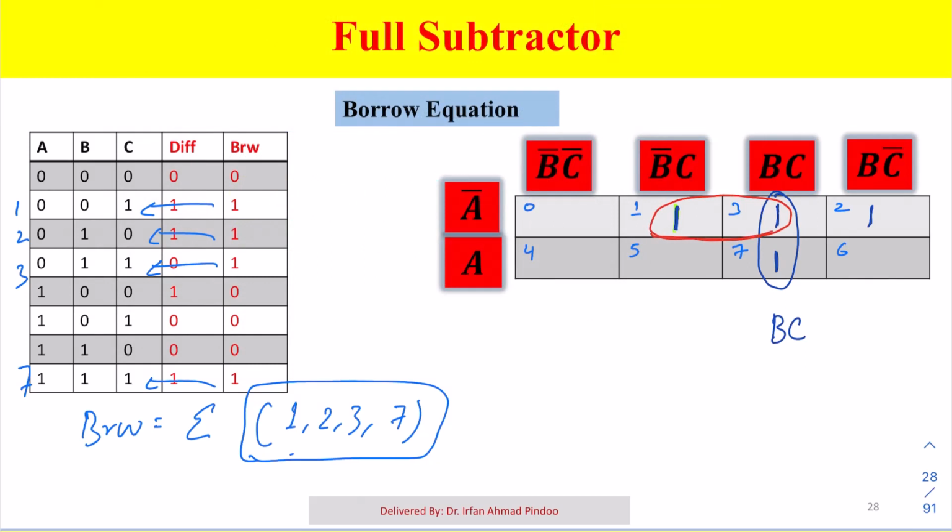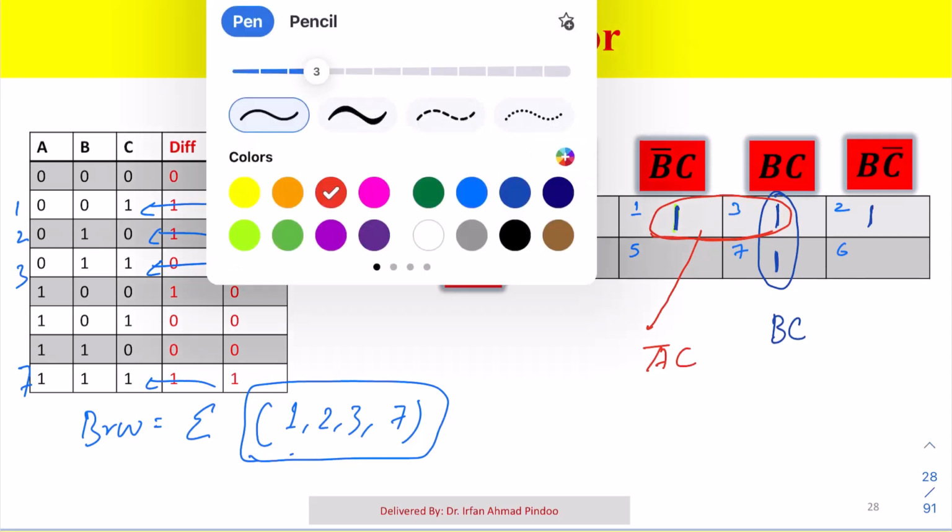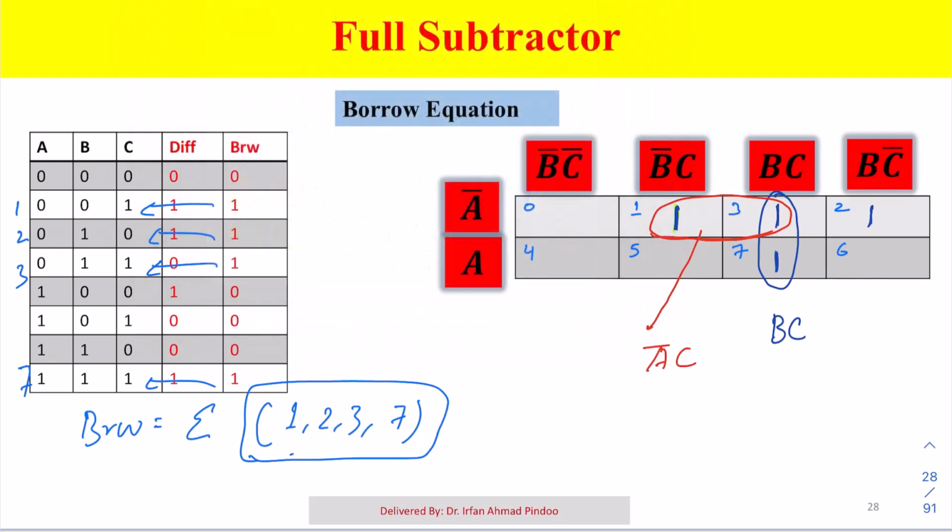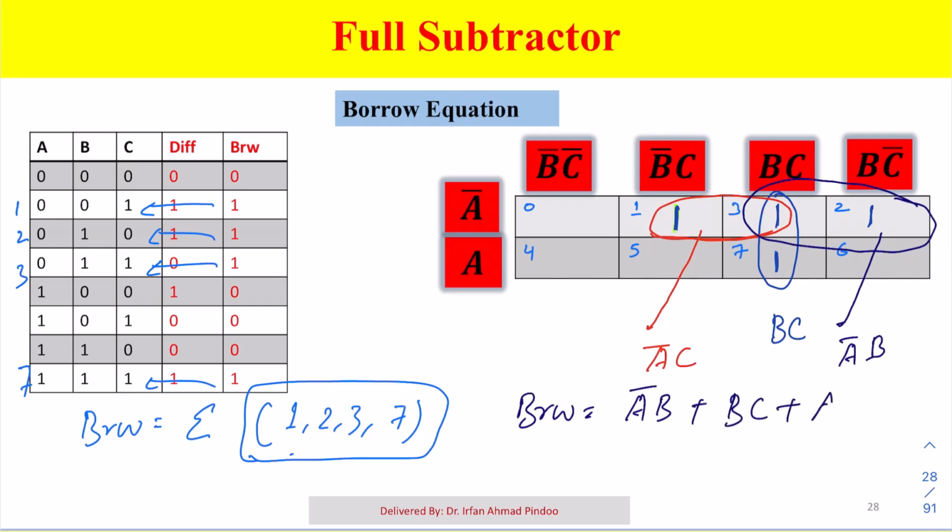These two can also be a group, and the answer will be A bar with C. And the 1 is also there on the right hand side. So we have to create one more group of these two ones, and the answer is A bar with B. So that is our answer. We can then say the borrow equation is A bar B plus BC plus A bar C.